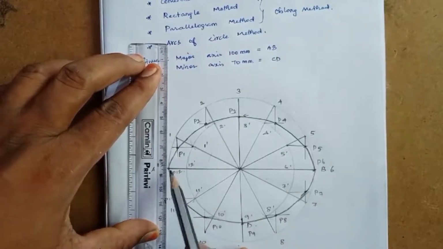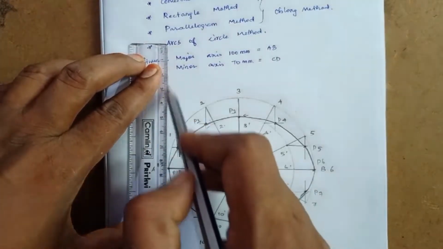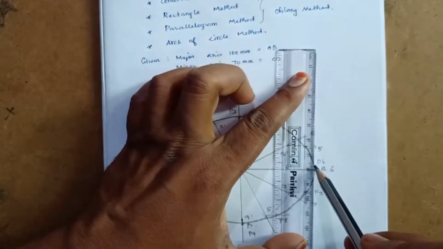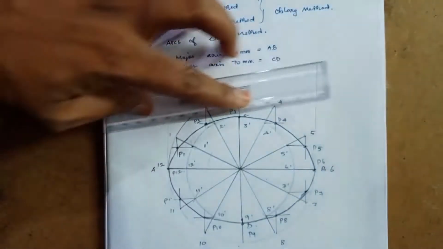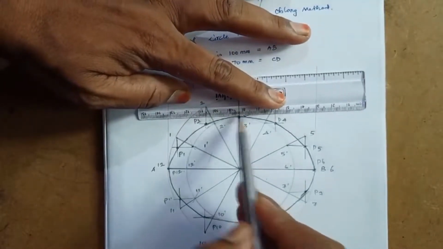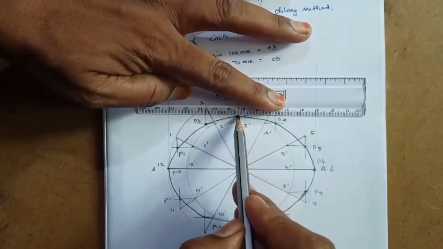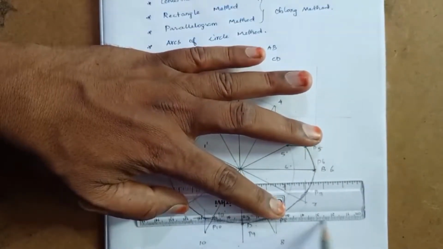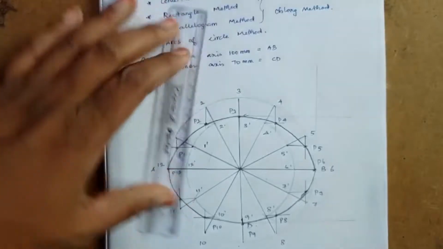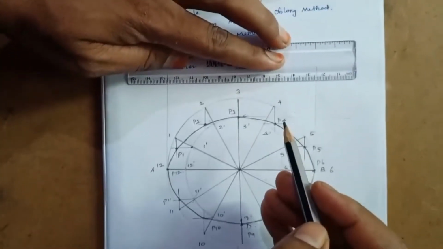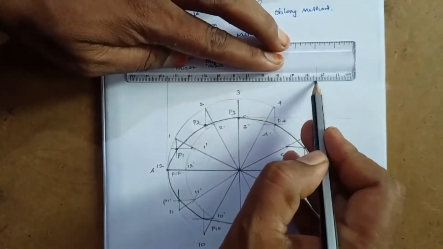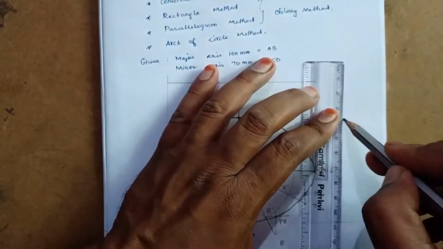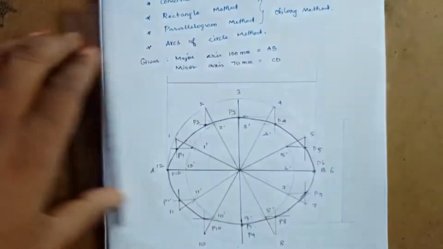After completing this, draw a light line to the major axis, vertical lines, and this is the end for the minor axis. Draw the dimensioning line.